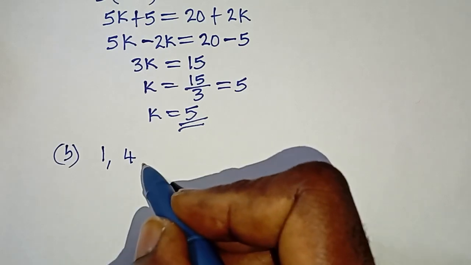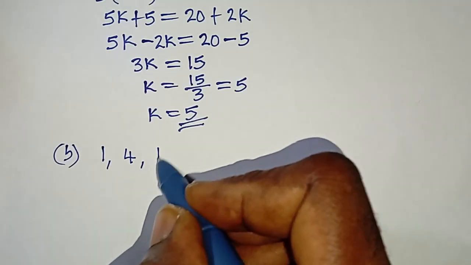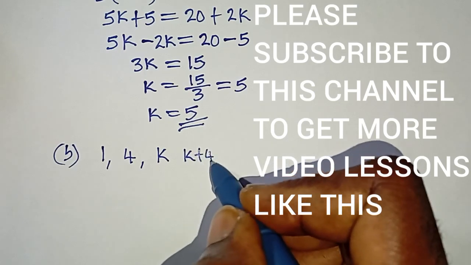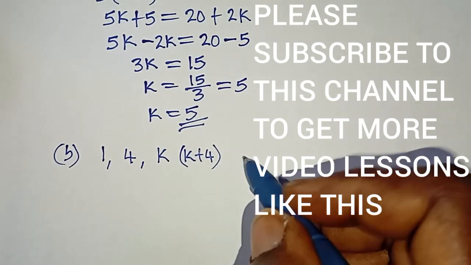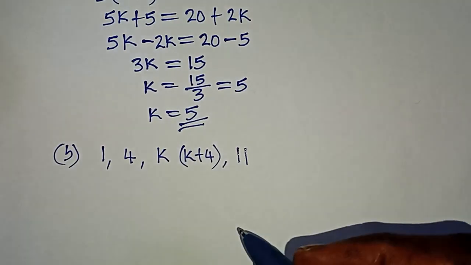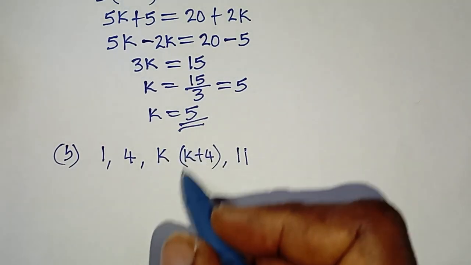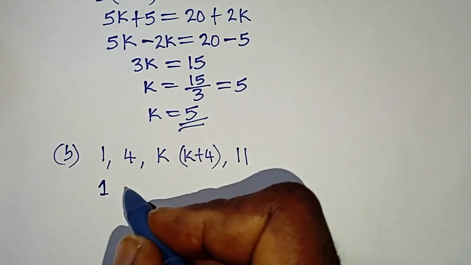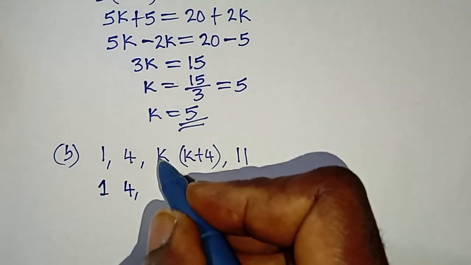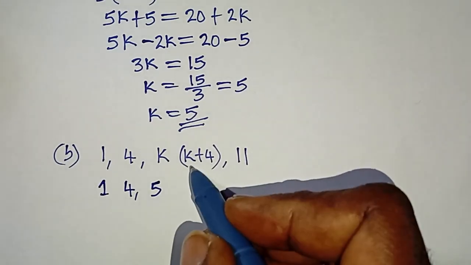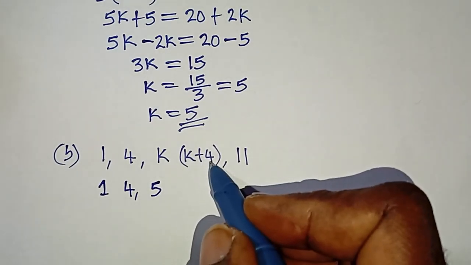The numbers are 1, 4, k, k plus 4, and the last one is 11. So now that we know the value of k as 5, let me write the numbers. So the numbers now will be 1, 4, k, we already know k as 5, and then this one is k plus 4.